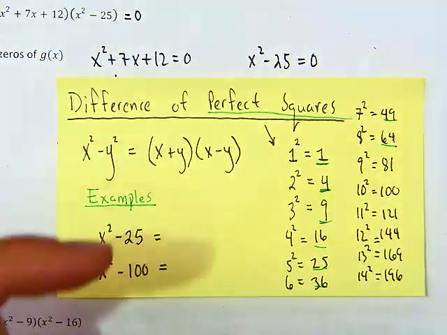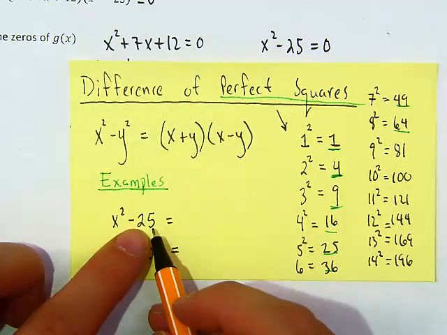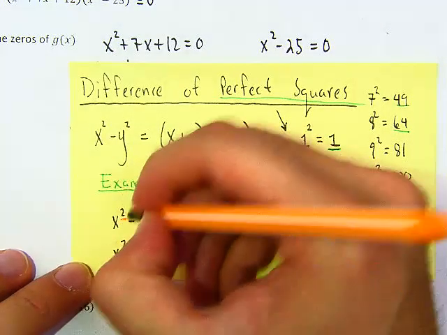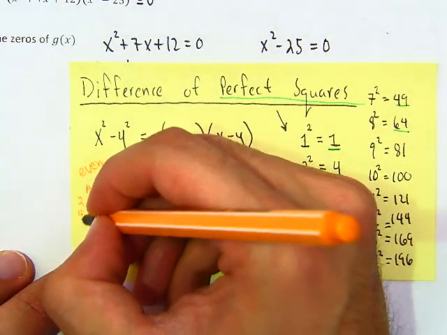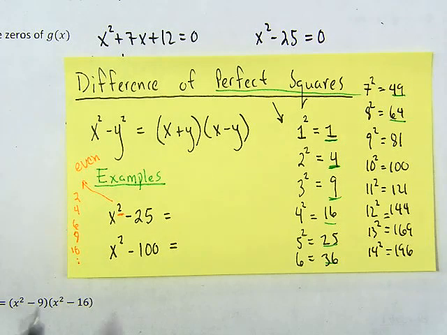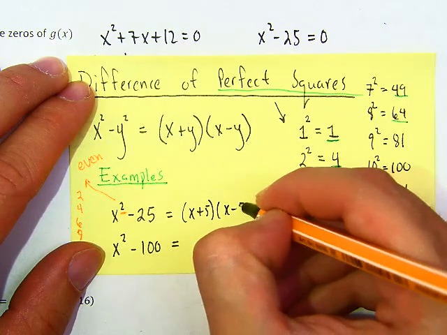So anytime you have an example such as this, where you have a perfect square over here, and this number over here is even, remember, even is 2, 4, 6, 8, 10, it's a multiple of 2, what you're allowed to do is factor it as x plus 5, x minus 5.